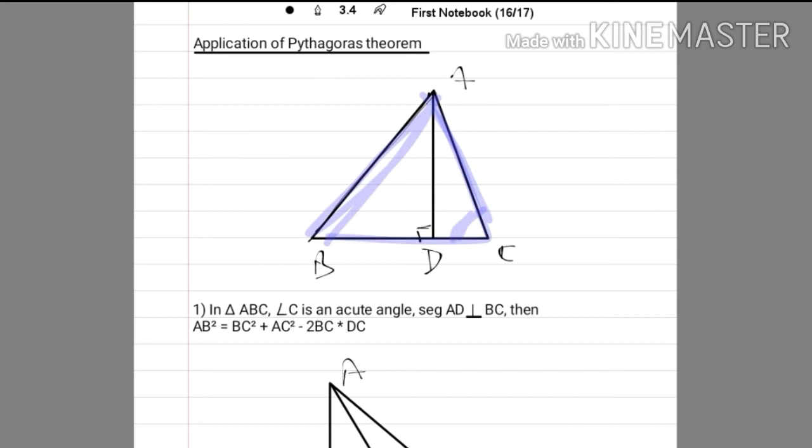Also they have given that segment AD is perpendicular to the segment BC. Then we get the relationship between the side opposite to the acute angle, that is AB square is equal to BC square plus AC square minus 2BC into DC.